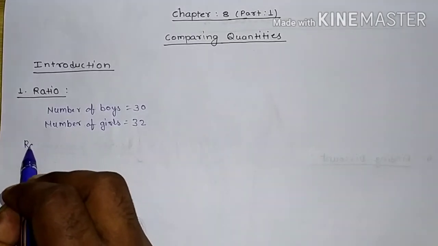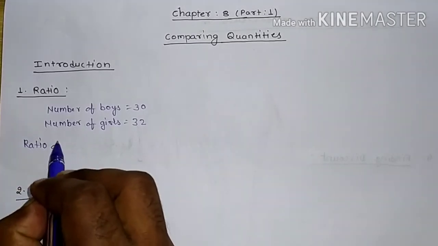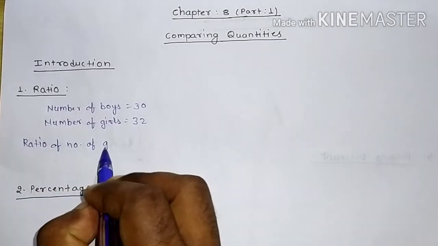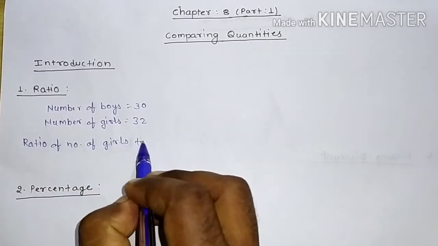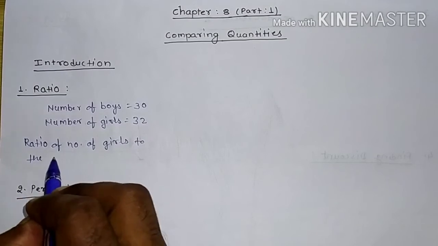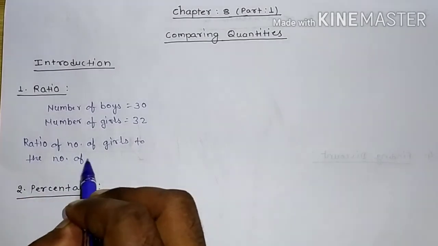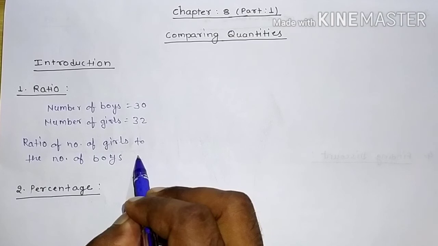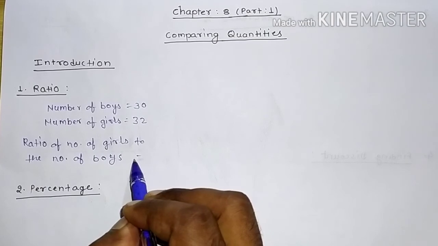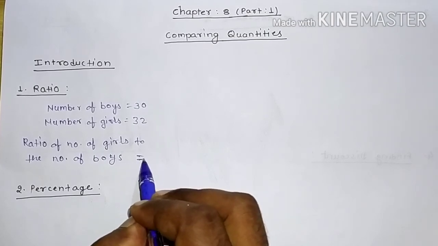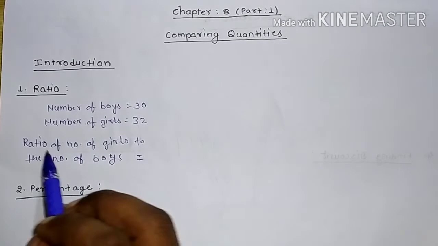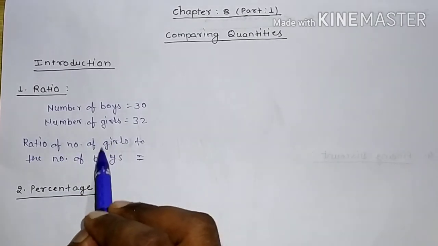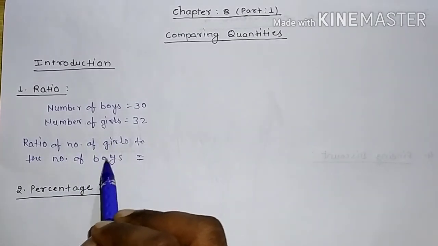Now the ratio of number of girls to the number of boys, this equals to... So in this sentence, ratio of number of girls, so girls come first and boys come second.